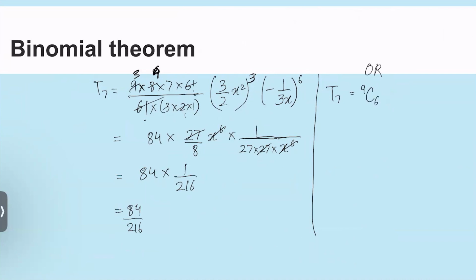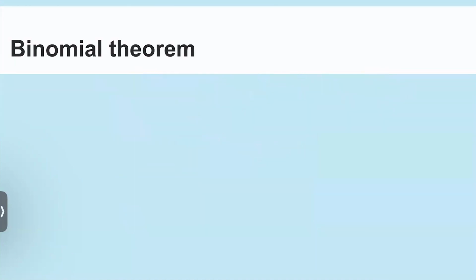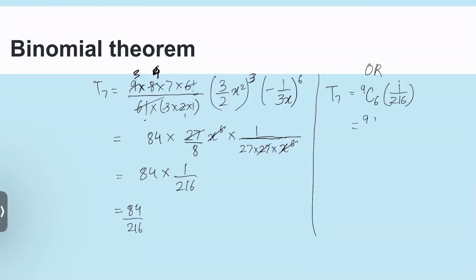So when you expand this, what you get is 1 upon 216. 216 in itself is actually the cube of 6. Sorry, yes, so you can just write this as 9C6, 1 upon 6, the whole cube. Okay, so if in your MCQ you are given an option like this or a value, both these answers are the same.